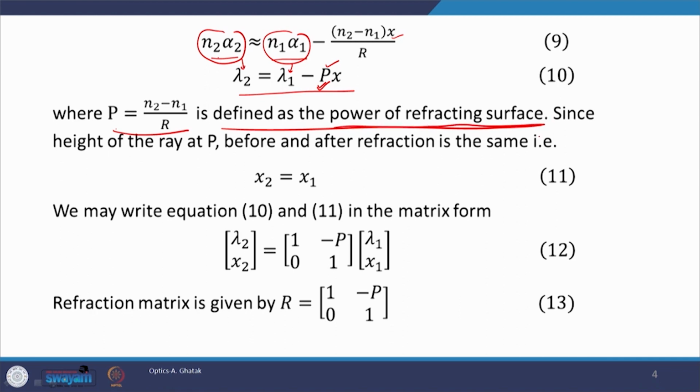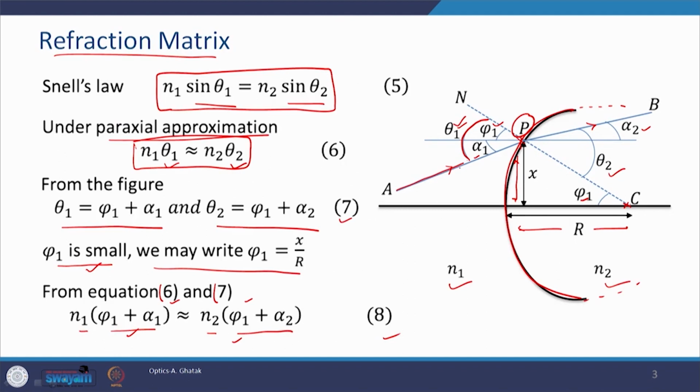Now, since the height of the ray at point P before and after refraction is the same, what does it mean? The ray from point A goes to point P, and as soon as it falls on P, it gets refracted and goes towards point B. Right before refraction and right after refraction, this height x is fixed.